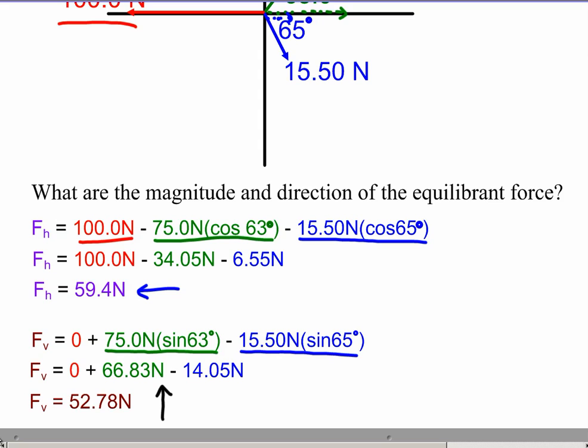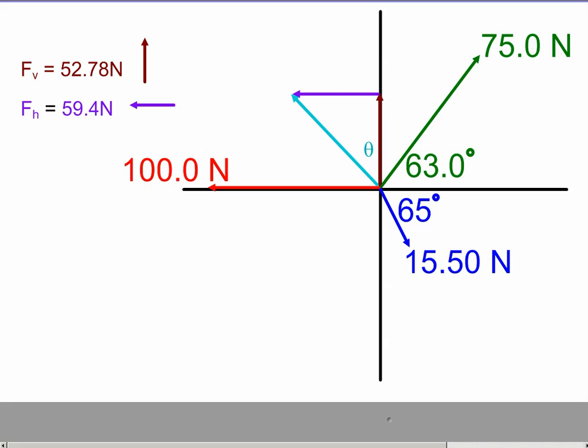Now we're going to use those and draw a new vector diagram. So here's our 59 Newton force, horizontal sum. Here's our vertical sum of 52.78 newtons. We're going to use those to make two sides of a right triangle, and the diagonal vector, the hypotenuse of our right triangle, is our resultant.